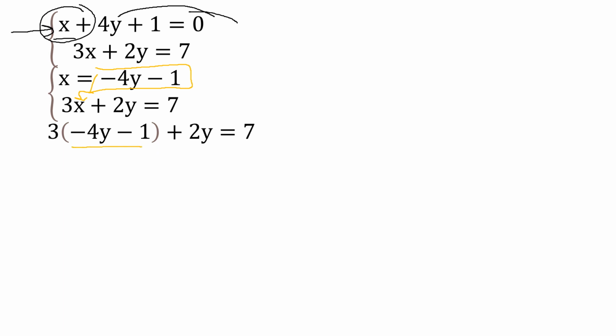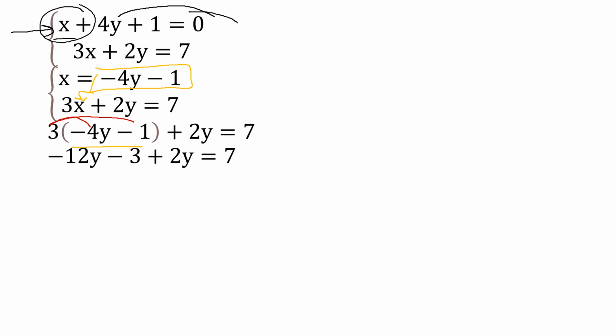And now I'm going to just solve this, which means I need to distribute my 3 in. 3 times negative 4y, and 3 times negative 1. Negative 3 times negative 4 is negative 12y. Negative 3 times 1 is negative 3. Then I still have my plus 2y equals 7.